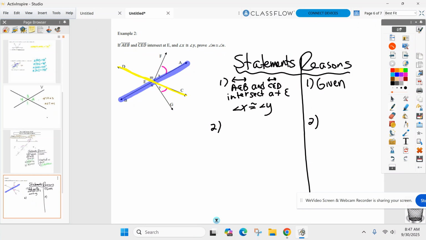I'm going to try to get M and N equal. There's a reason why they said the lines were intersecting. They wanted you to look for something.